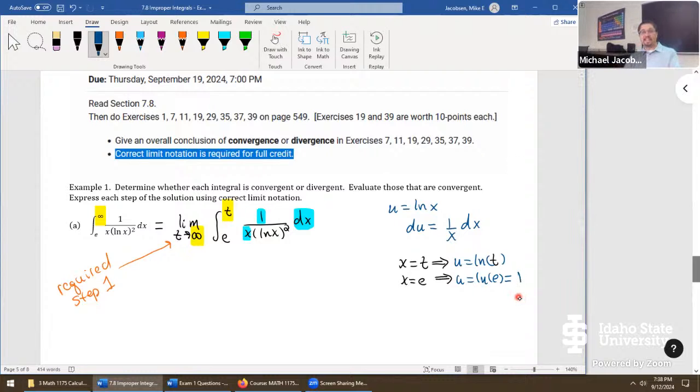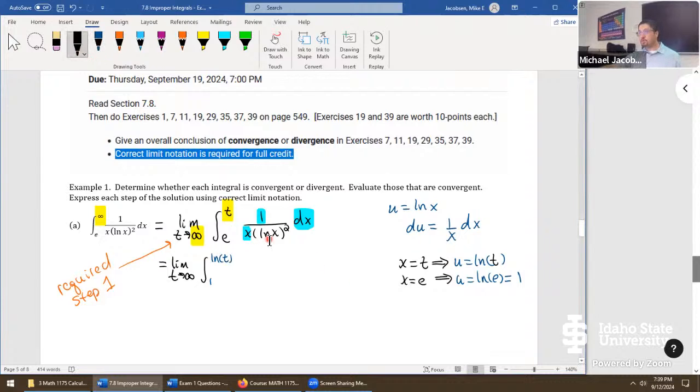The other value that comes up repeatedly is natural log 1 is 0. So those are our new limits of integration, and this now turns into limit as t goes to infinity. We're now going from 1 to natural log of t.